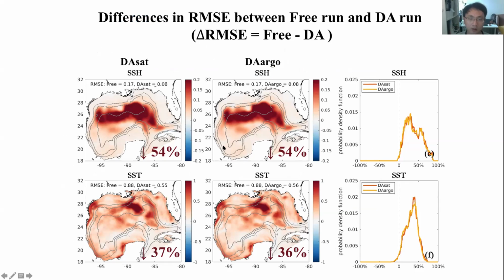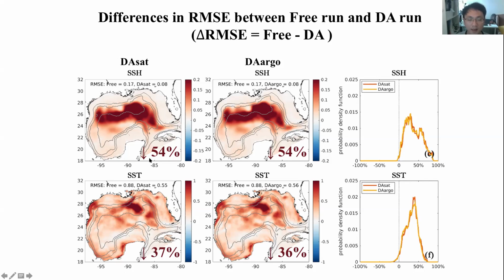So here we show the comparisons of root mean square errors for SSH and SST between the free run and the 2 data assimilative runs. The red color represents high levels of root mean square errors in the free run, and therefore represents the improvement by the data assimilation. So we can see that SSH and SST were both improved almost everywhere in our model domain.